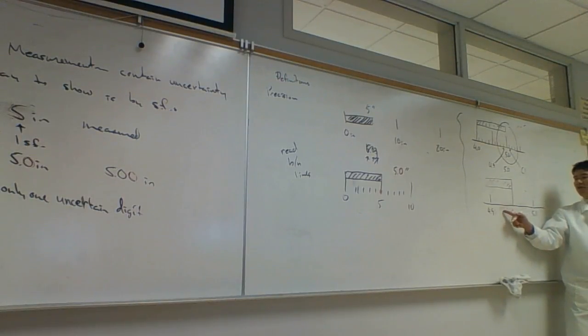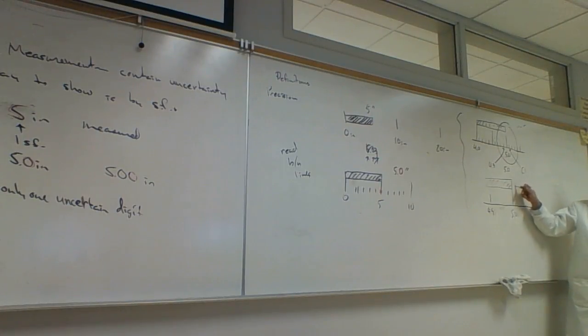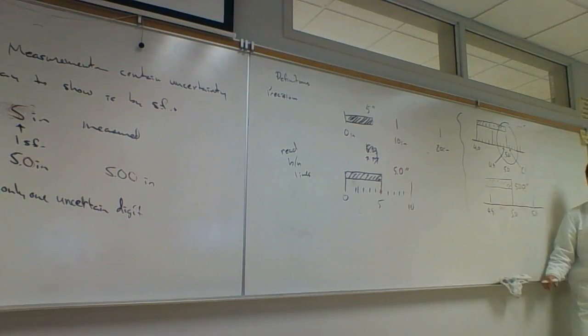I'm guessing it's not 4.99. And I'm guessing it's not 5.01. I'm guessing it's right on 5.00. That's reading between the lines here. And so I come up with a measurement of 5.00 inches, in which the guess digit here is this one. Does that make sense? And so this is the way we read scales.